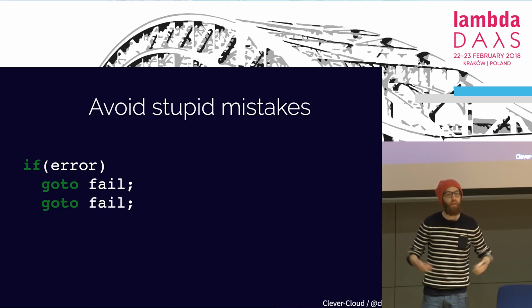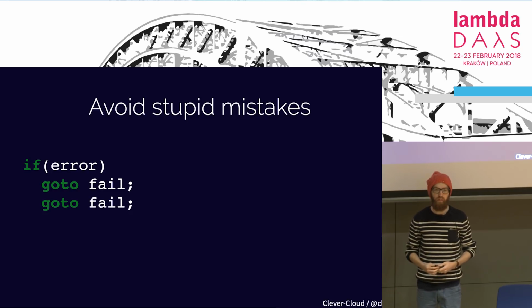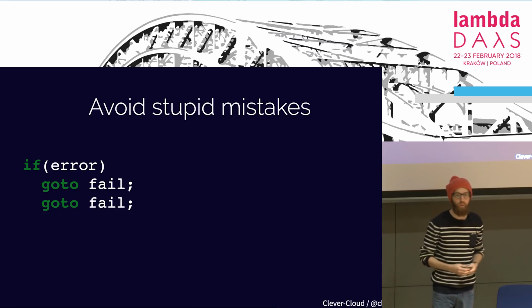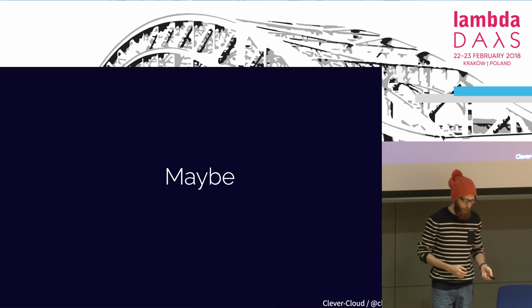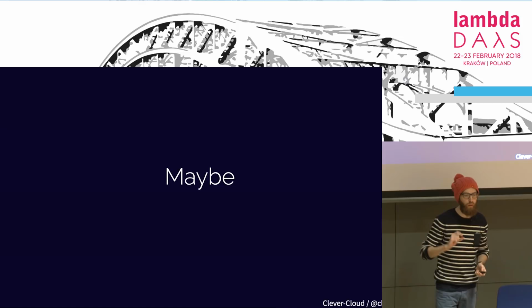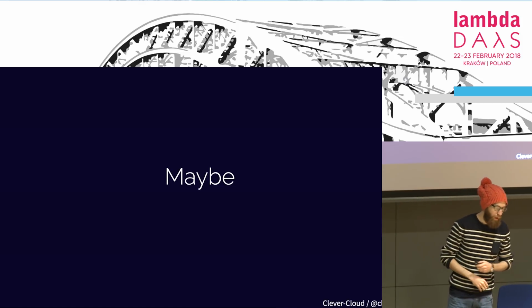And everybody said, yeah, of course, they didn't put braces on their if block. Amateurs. But the issue is not the missing braces. The issue is that the compiler is not able to understand what you're trying to do with control. So that's the first feature that will help you a lot in typing your programs.